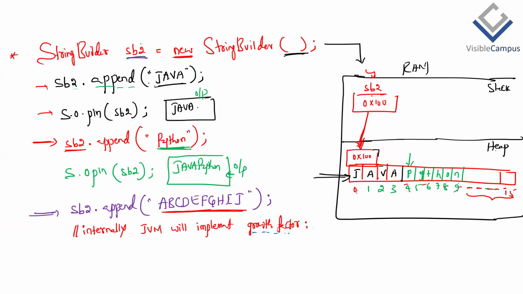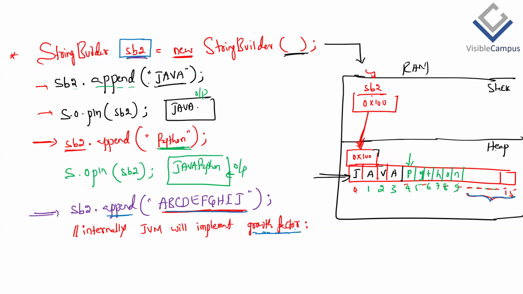When in a StringBuilder object the program is trying to add some number of characters, if the space is not sufficient, then the JVM will implement something called the growth factor concept to increase the capacity.